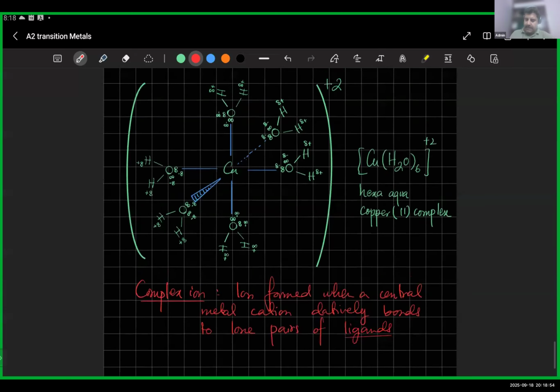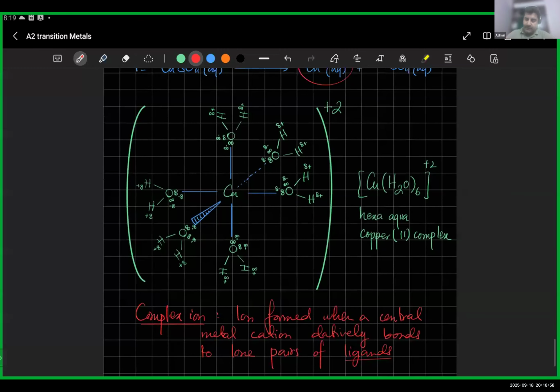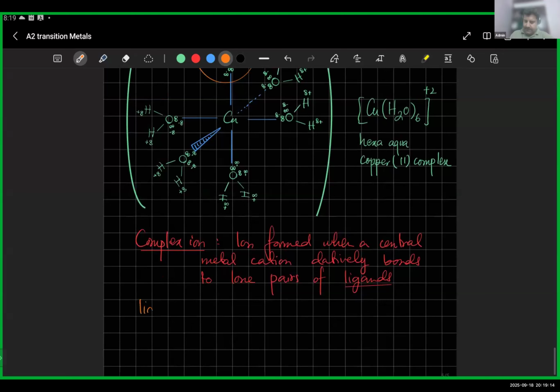Okay, so what is a ligand? This thing that's bonding to it, that's called a ligand. The whole thing is called a complex ion, and this thing over here is known as a ligand. The definition of a ligand is kind of the same. It's a species which has lone pairs. It could be a molecule, an ion, or just an atom.